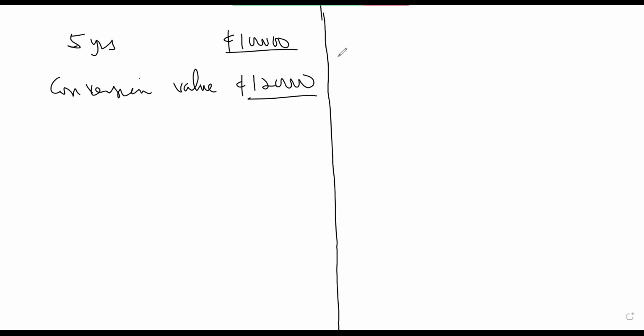Okay, so the holders of the instruments will only convert when the conversion is going to favor them. It's going to give them higher value than the redemption value. Okay, but these people have the option to convert. It is not compulsory for them. They can decide whether they should receive equity shares or they should receive their money.